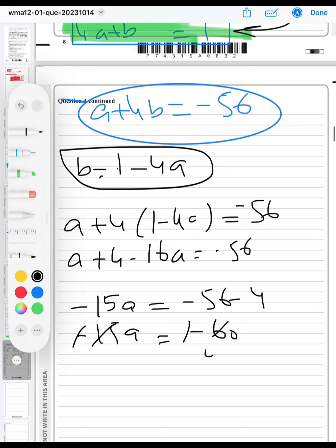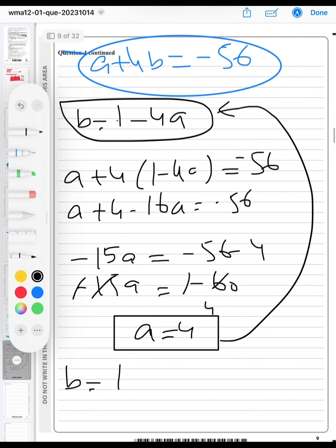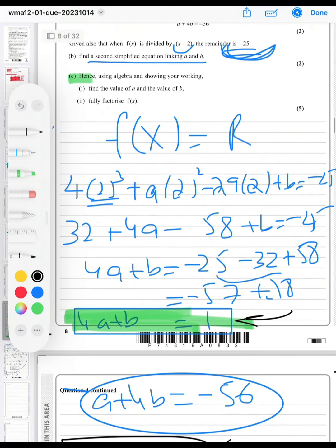Cancel 4. So a equals to 4. There you go. The answer for a is 4, and we will put this here to get the value for b, which will be b equals to 1 minus 4 into 4, minus 15 is the answer. So I hope this is clear. This was a very easy one.